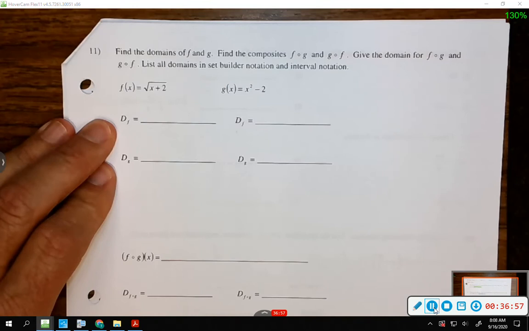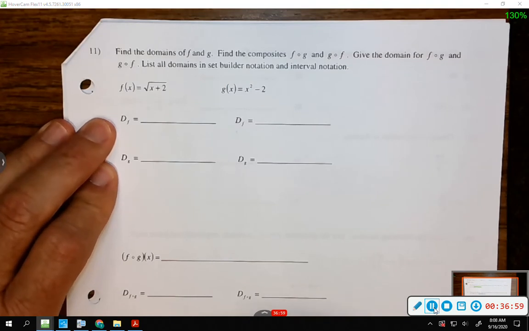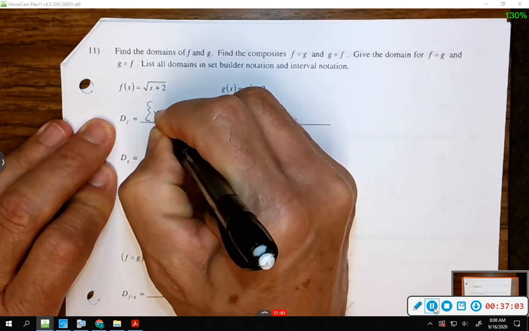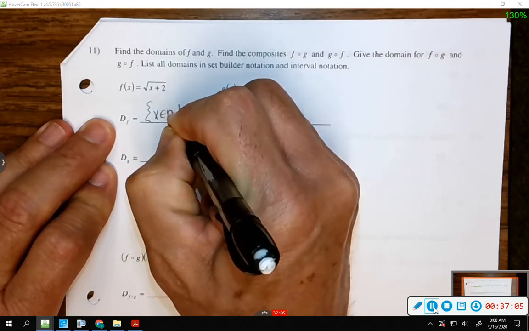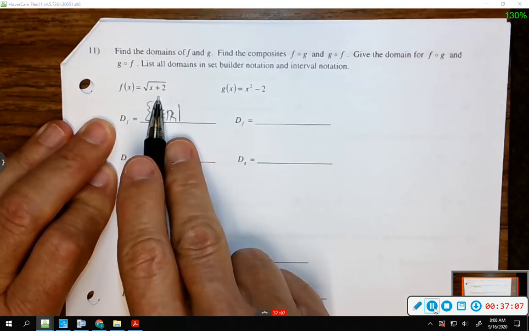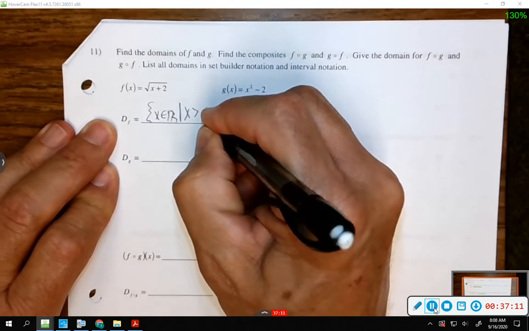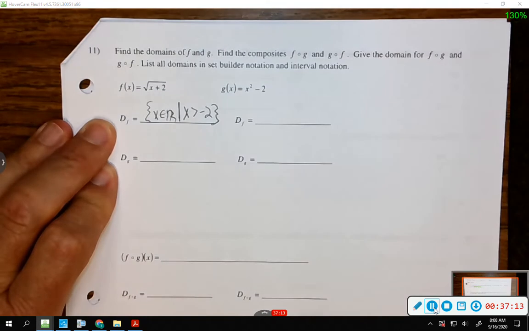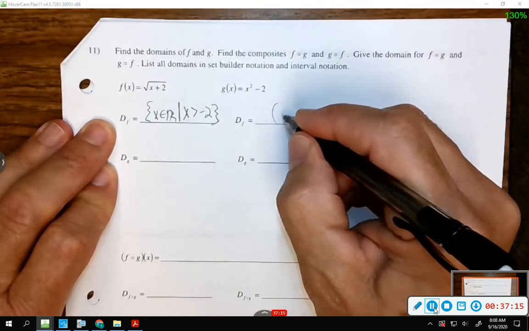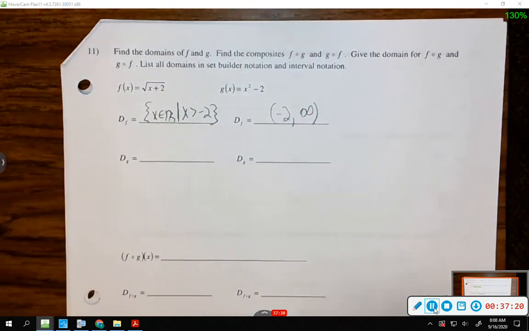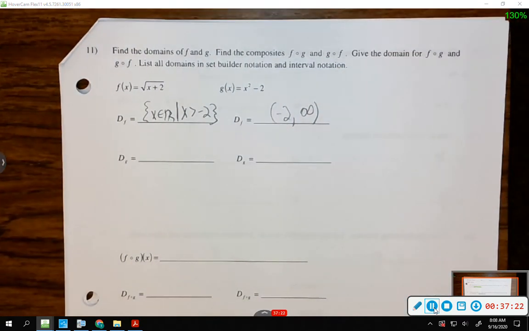The domain of f is going to be in set builder, x is the element of all real numbers, such that, remember I'm setting this greater than 0 and subtracting. X is greater than negative 2. How do I write that interval notation? Parentheses, negative 2, infinity.